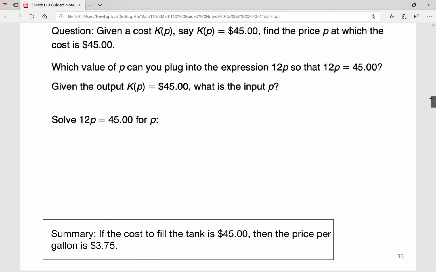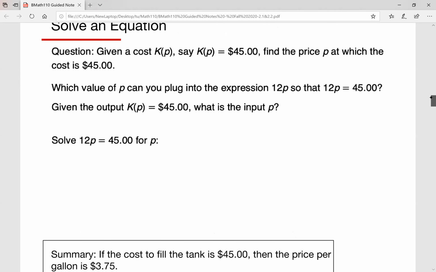Okay, so this one asks us to solve an equation. So how to solve an equation? The question here is, given a cost k(p), say k(p) equals $45, and they want us to find the price p.